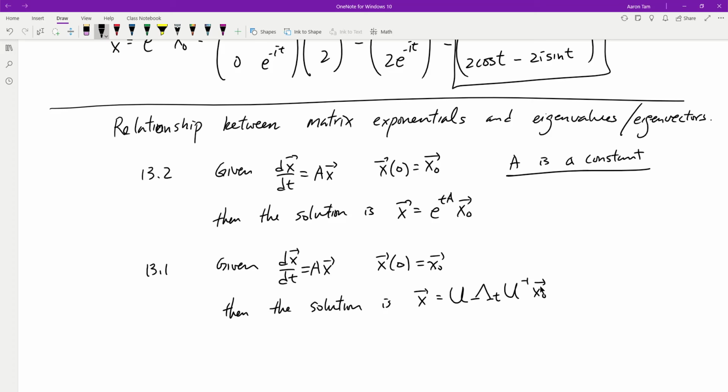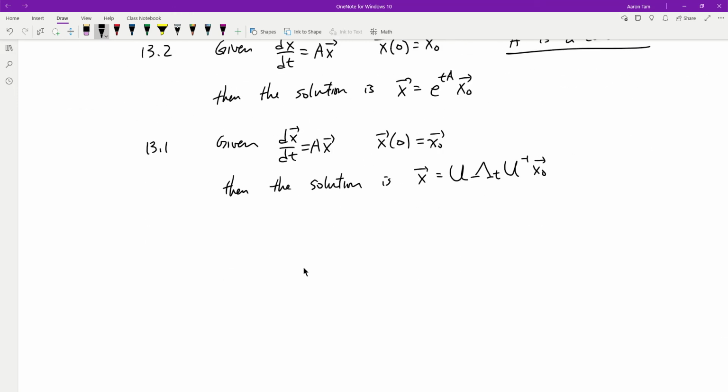Now, the solution to a given system of differential equations must be unique. It's important to understand that there are infinitely many solutions, but these are specific to an initial condition. Therefore, the solution must be a unique, particular solution subject to that initial condition, so it cannot be two different answers. But we now have two different formulas that generate the same exact solution, meaning these two formulas must be the same.